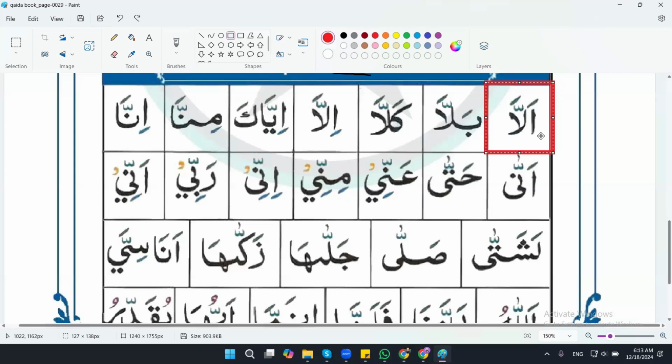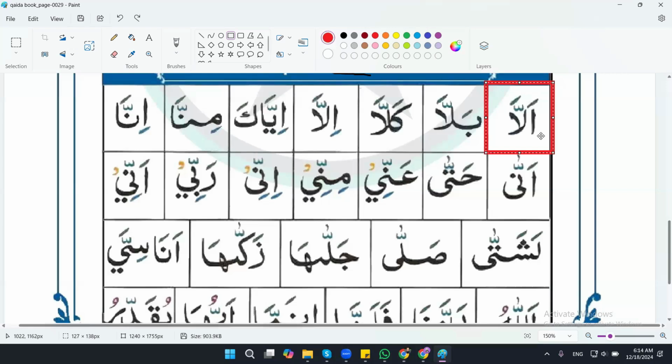Allah. Yes. But we stretch lam for 2 seconds. Do you know why? Because lam has alif madda. The alif coming after lam is alif madda. I think you forgot the definition of alif madda as well.